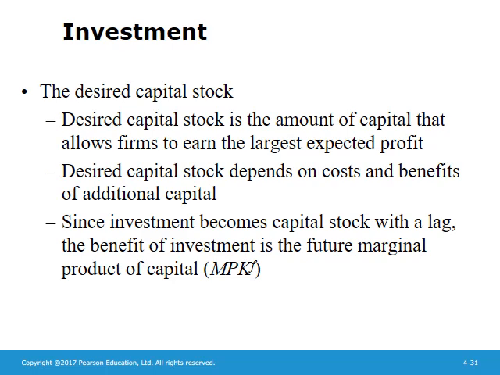The desired capital stock is determined in the same manner. The firm, let's say rational, aims at achieving maximum profit, to maximize its profit. So again we will compare the cost, exactly like we did with labor.